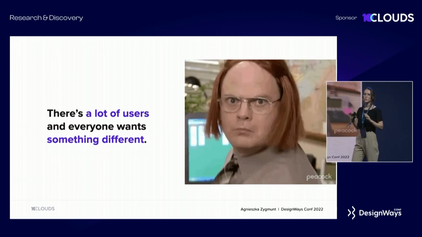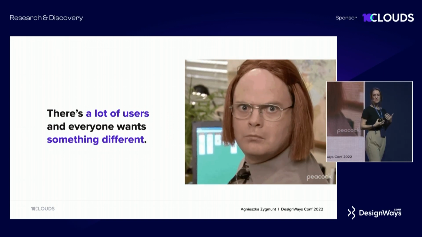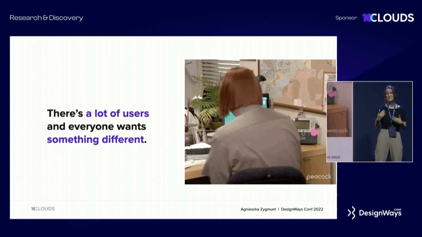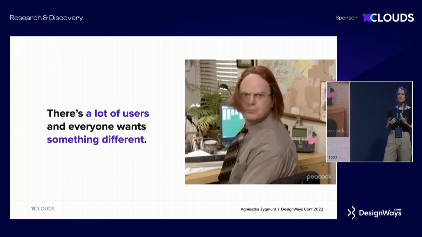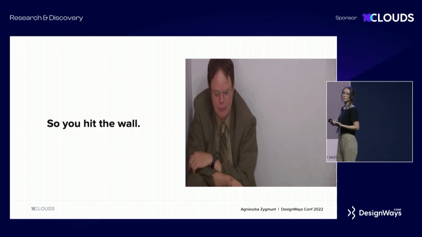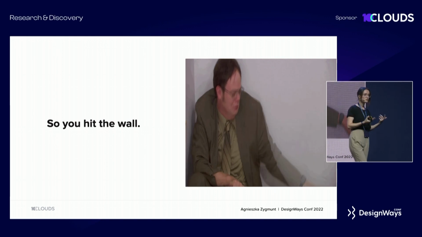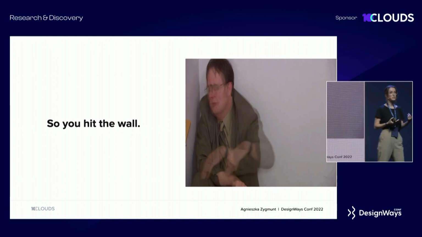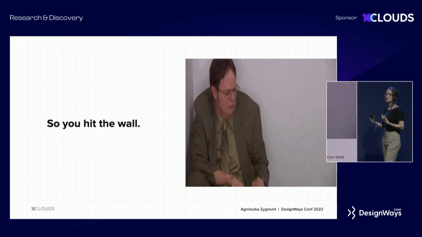Even if you have only 1 or 2 target groups, there are a lot of different personas, and they have different needs and problems, and everyone wants something different, so you just hit the wall because you don't know what you should do. If you should go with one solution, but it will be a really complex one, maybe you should, I don't know, choose 1 or 2 personas.